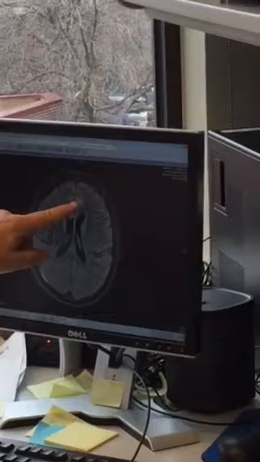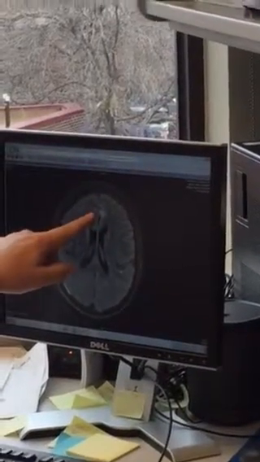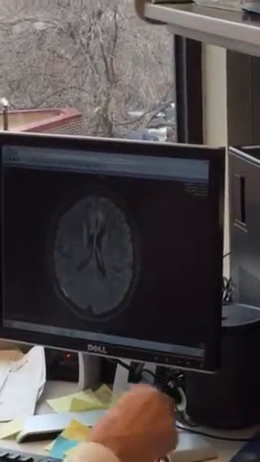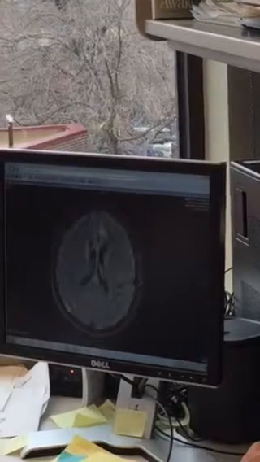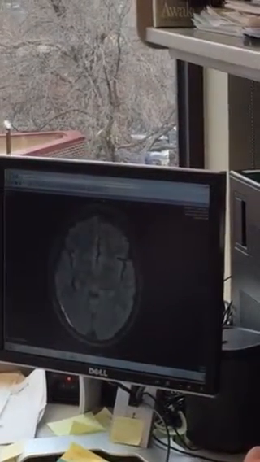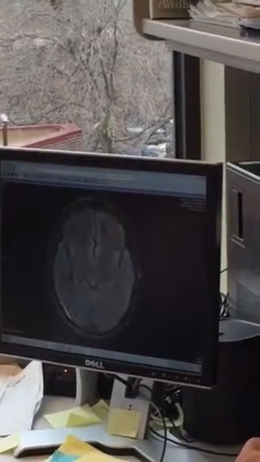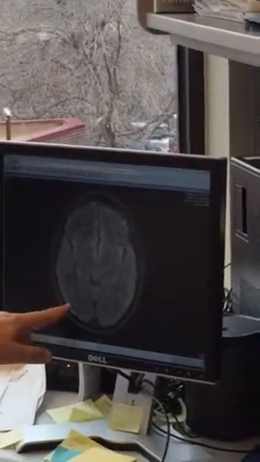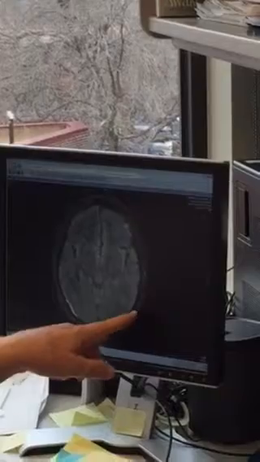See the white area there? You don't see it on the other side. There's some blood back here. You don't see it on this side.